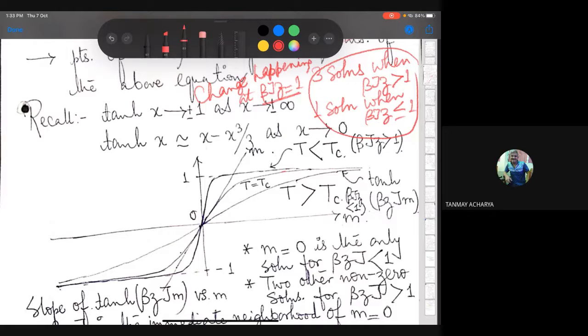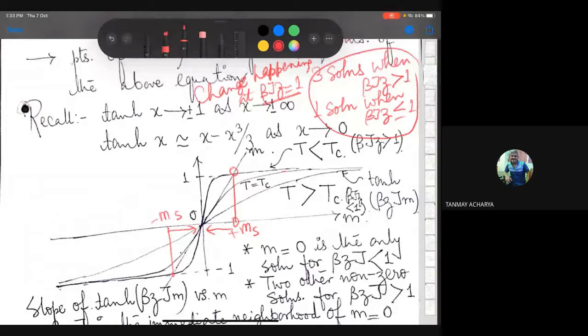When beta jz was larger than 1, there was one root here and one root here. This is minus m, this is plus m. As beta jz is approaching 1, these two roots start approaching 0 and they bump into one another. Again, those of you who have done bifurcation would say, look, this is pair annihilation.